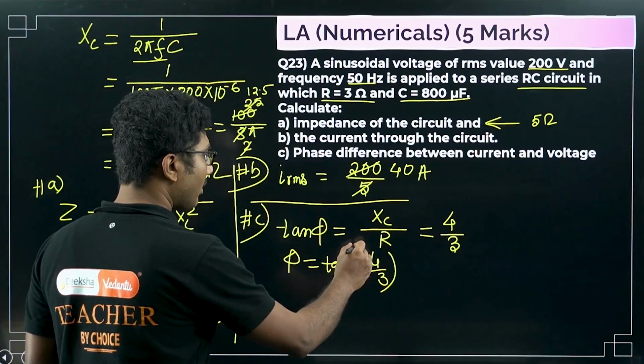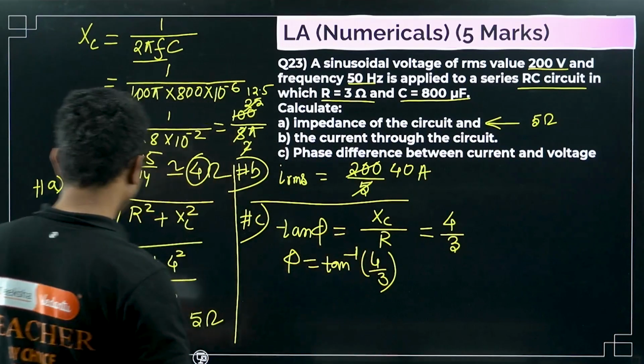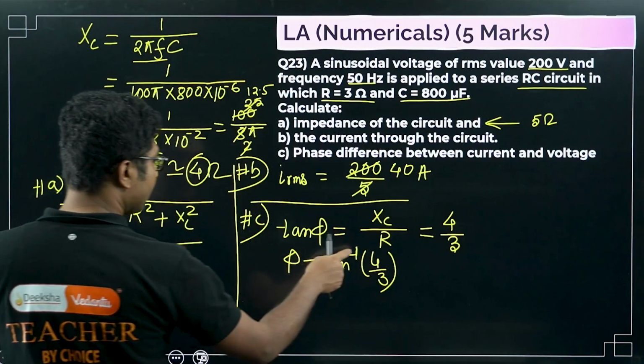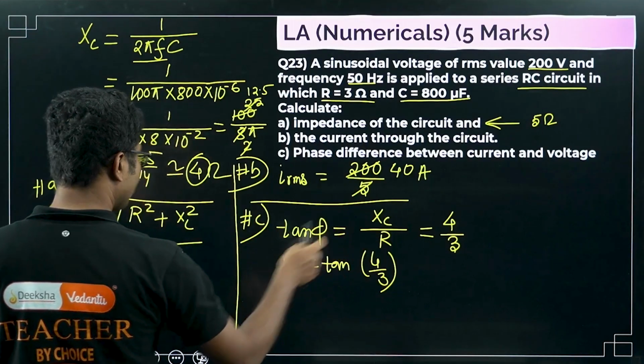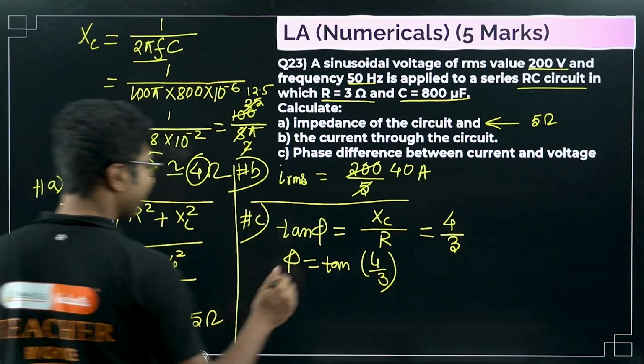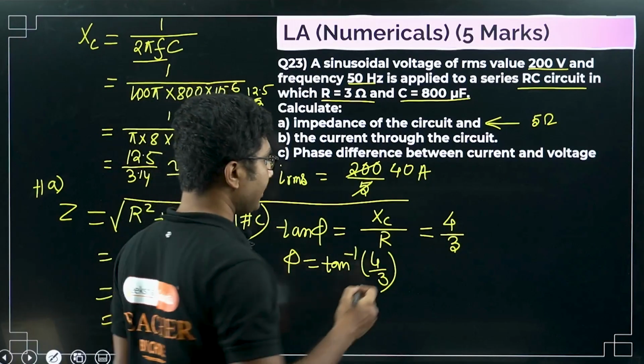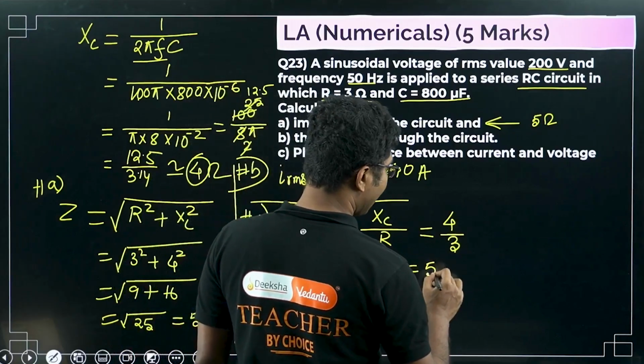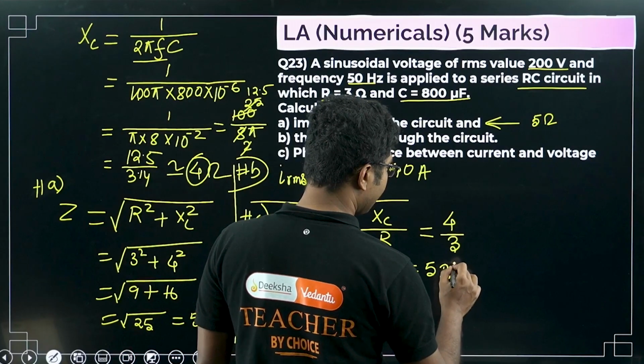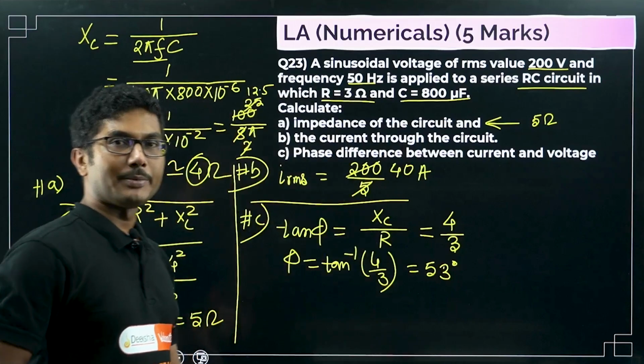Those who are preparing for any competitive exam, NEET or JEE or KSET, should know this is a very special angle. Tan inverse 4 by 3 is 53 degrees and tan inverse 3 by 4 is 37 degrees. These two are complementary angles.